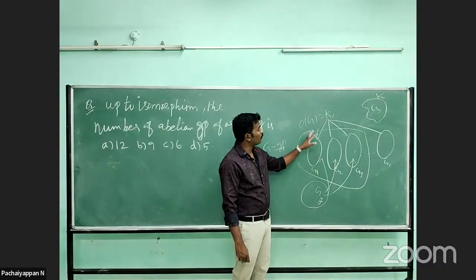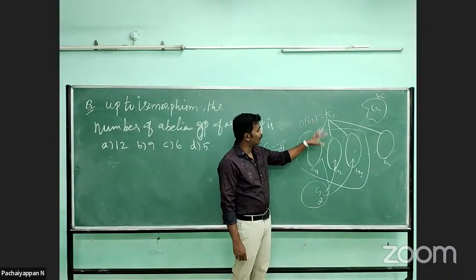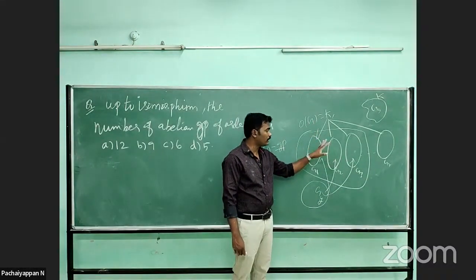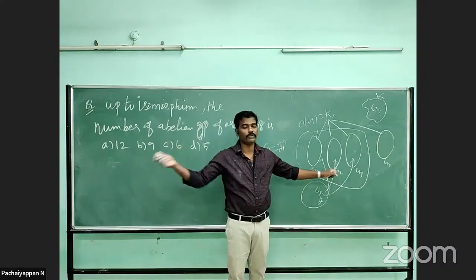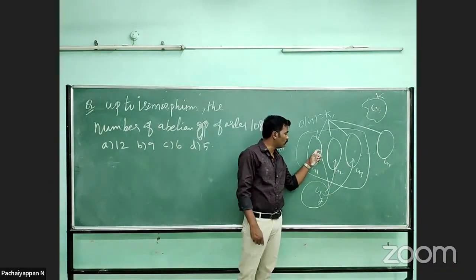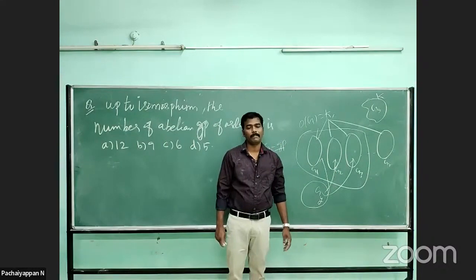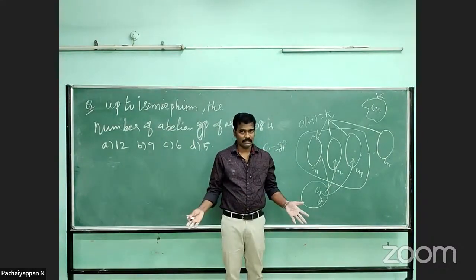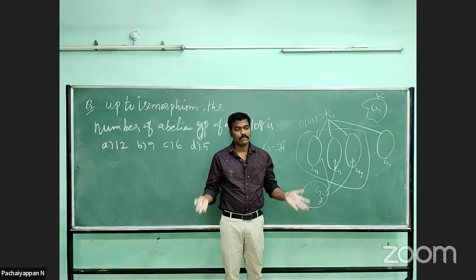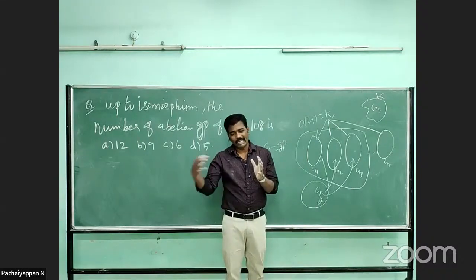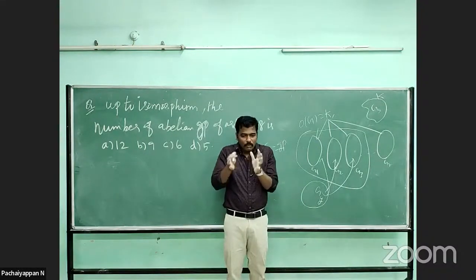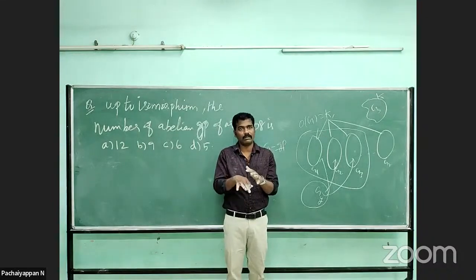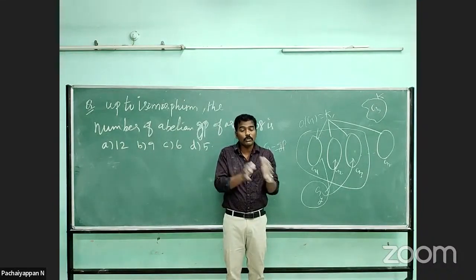Suppose up to isomorphism there are only 3 groups of order K. You take any group of order K, and it is isomorphic to this or this or this. Only 3. Among the many groups of order K, any group you take is isomorphic to one among the few.